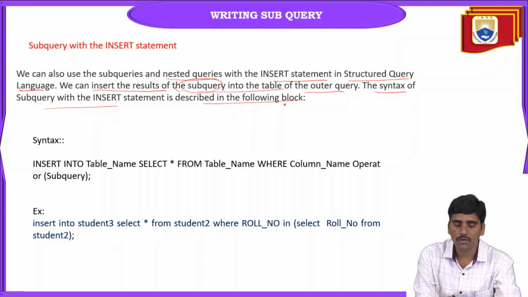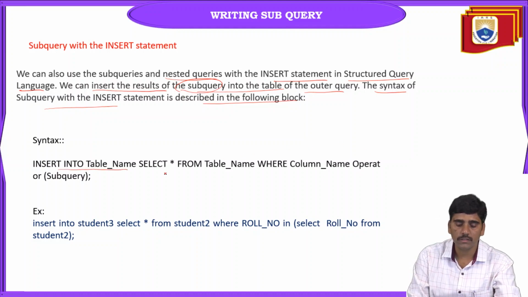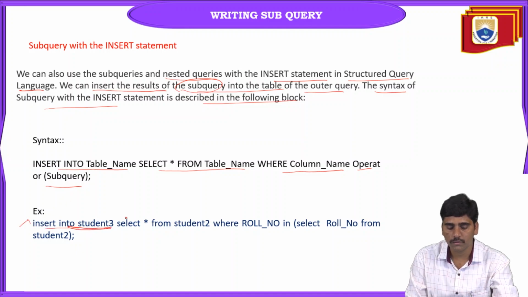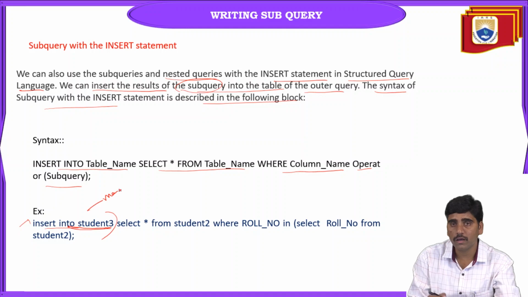The syntax of a subquery with the insert statement is described in the following block. See here, the syntax is: insert into table name, select star from table name where column name operator subquery. Here we can write the example as insert into student 3. We are going to insert the values into the student 3 table. This is the main query.